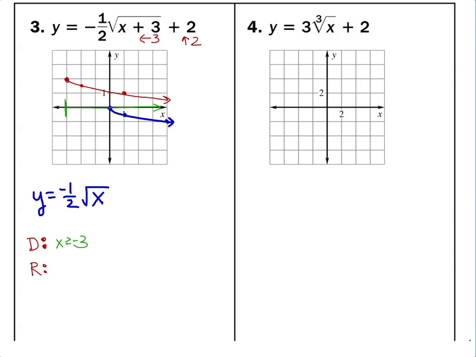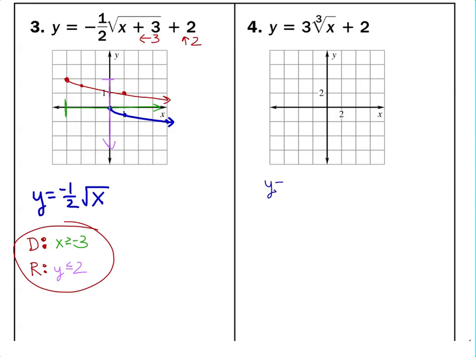And so the y numbers on the actual graph, the red graph, is all the y's that are less than or equal to 2. So you do need to have the graph for our answer, and you need to have the domain and the range information as well. If we look at number 4 on this checkpoint, instead, it's a cube root.